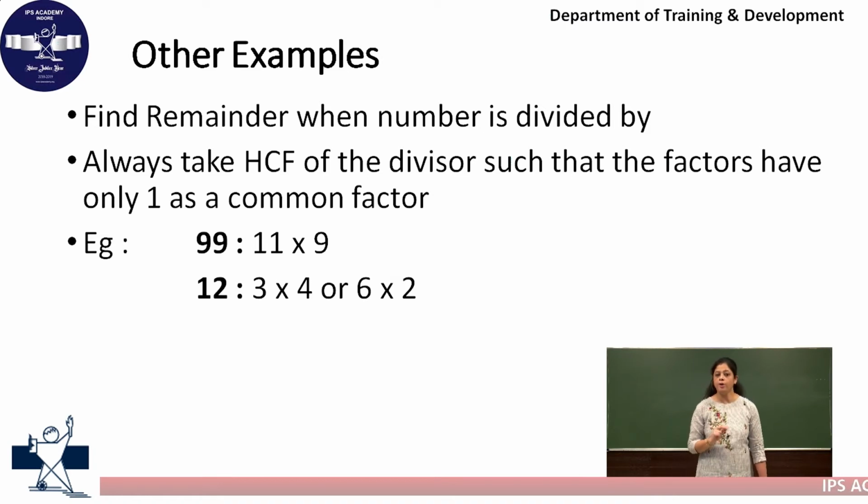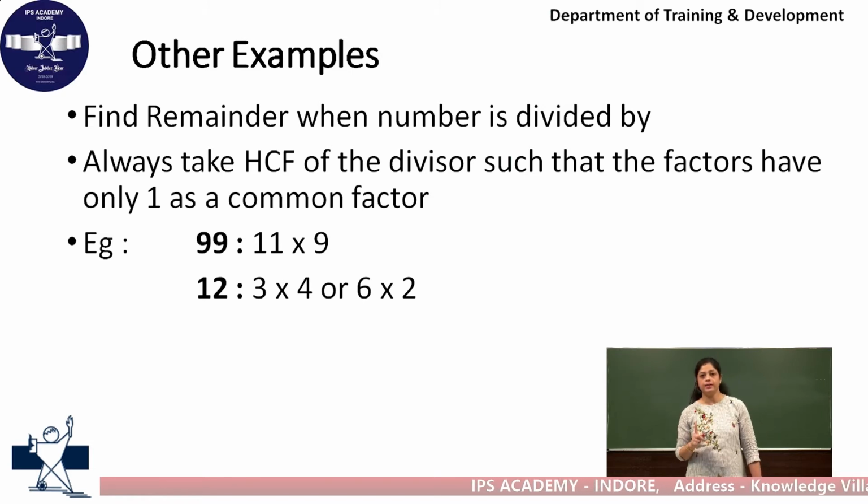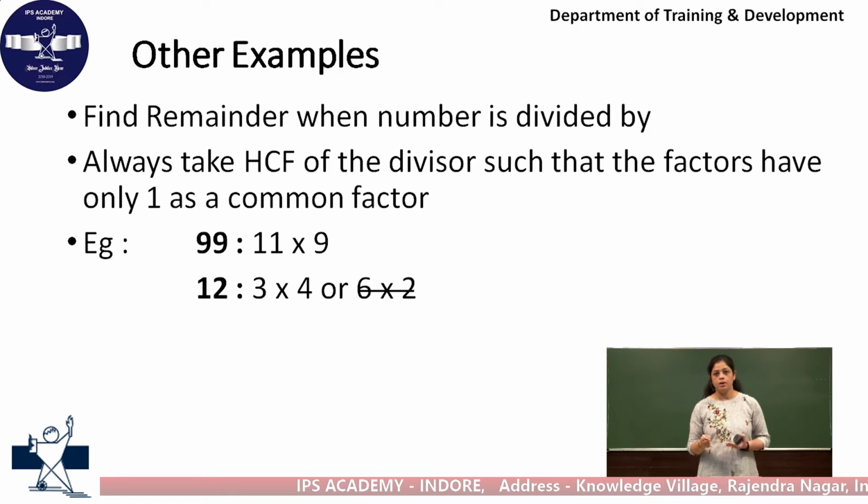Out of which we have to select the pair in which the only common factor is 1. So if we select 6 and 2, we have a common factor as 2, right? 2 is a factor of 6 and also a factor of 2. But for 3 and 4, we have only 1 as a common factor. That's why we are not going to consider the 6 and 2 pair, but we are going to divide this divisor as 3 and 4.